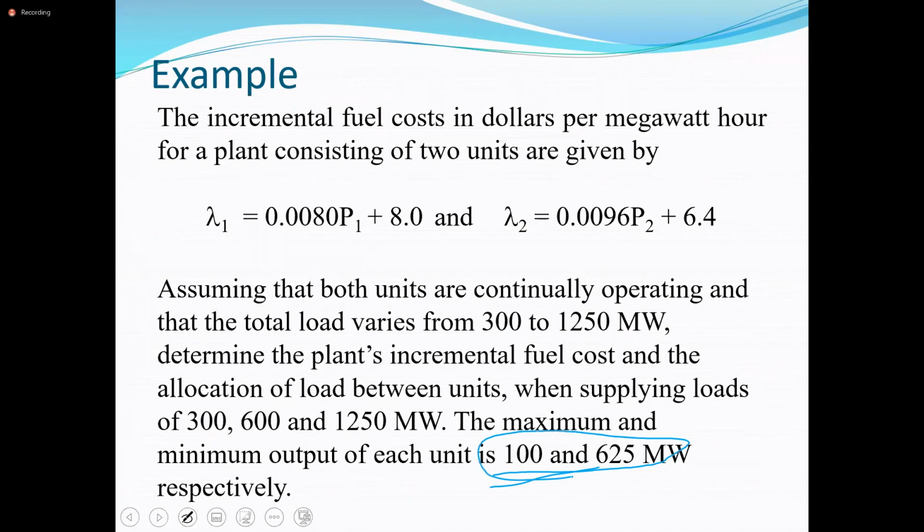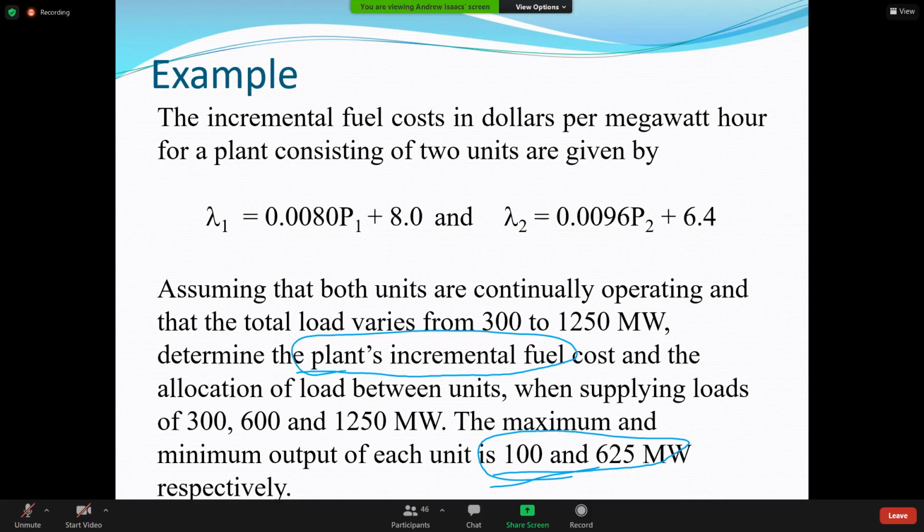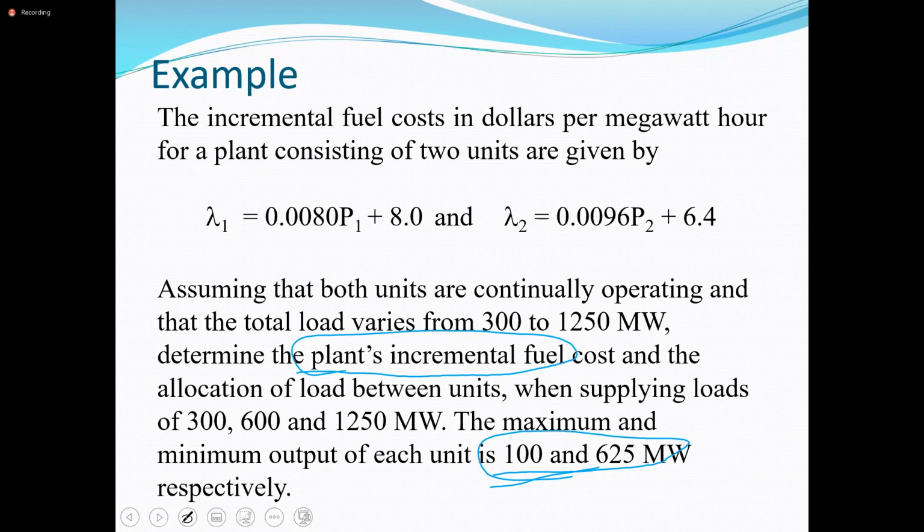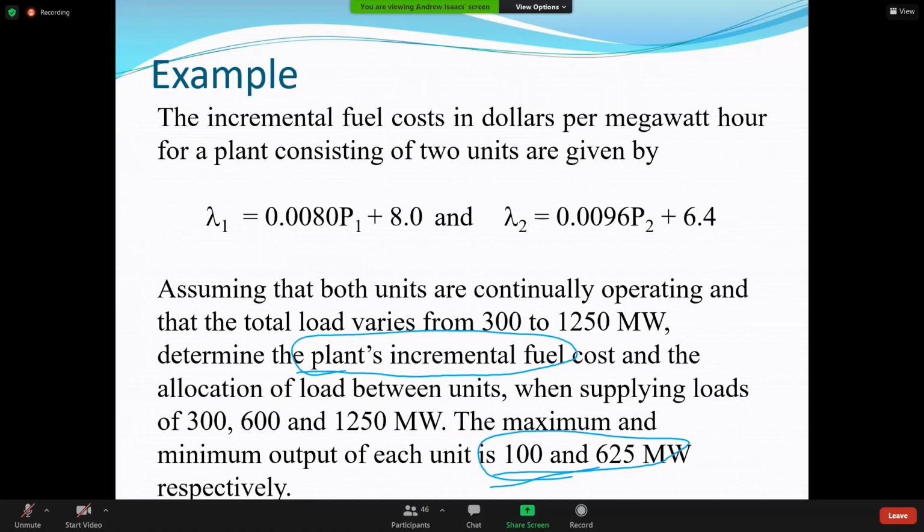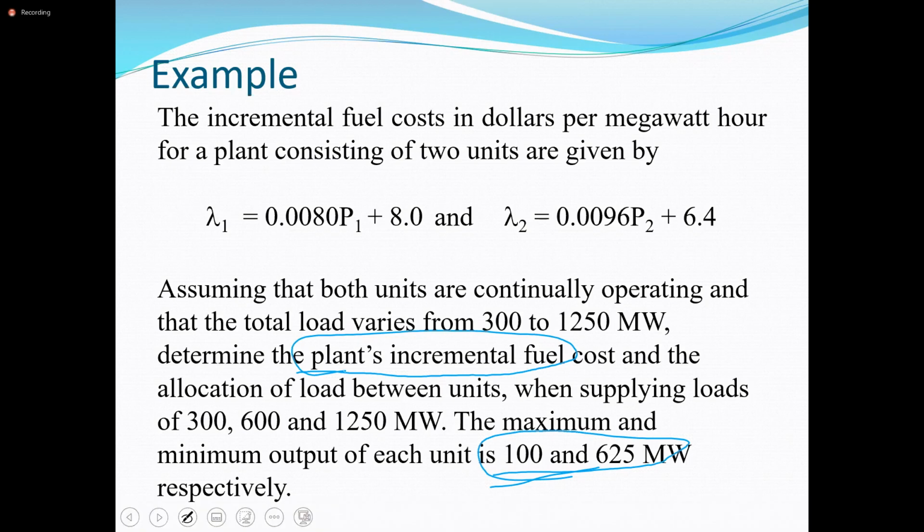Secondly, the second thing we want to know is that what we're asked for is the plant's incremental fuel cost. Now, the plant's incremental fuel cost will be driven by the unit from which the additional megawatt is being produced. So if both units are producing additional megawatt hours, then both units will determine the plant's incremental fuel.